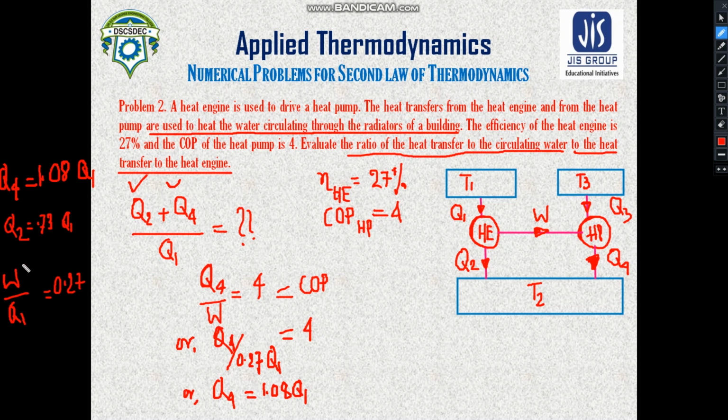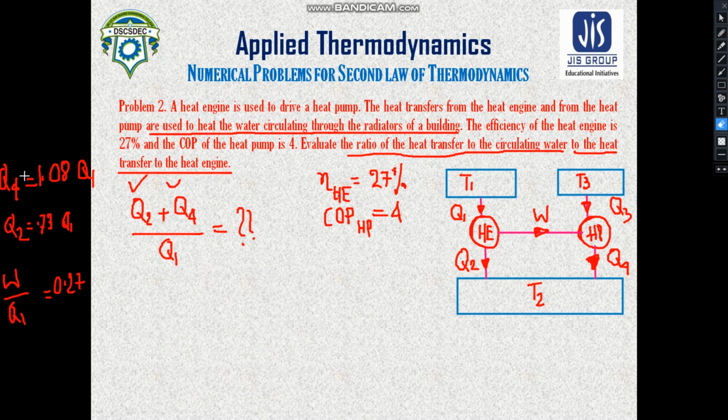This is very simple. Now if you add up Q2 and Q4, you will get 1.81 Q1, divided by Q1. So the ultimate answer is 1.81. So the ratio becomes 1.81.